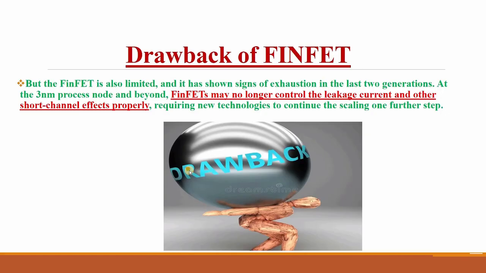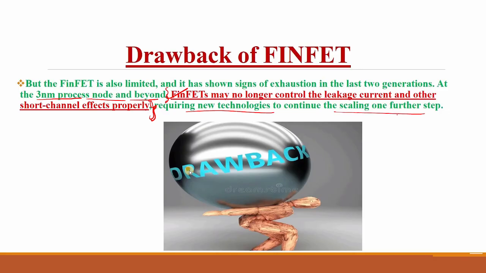exhausting its generations. When you go to 3 nanometer nodes or beyond, FinFET no longer controls the leakage current and other short channel effects. And as we go on shrinking, scientists need to find a new technology for this scaling.